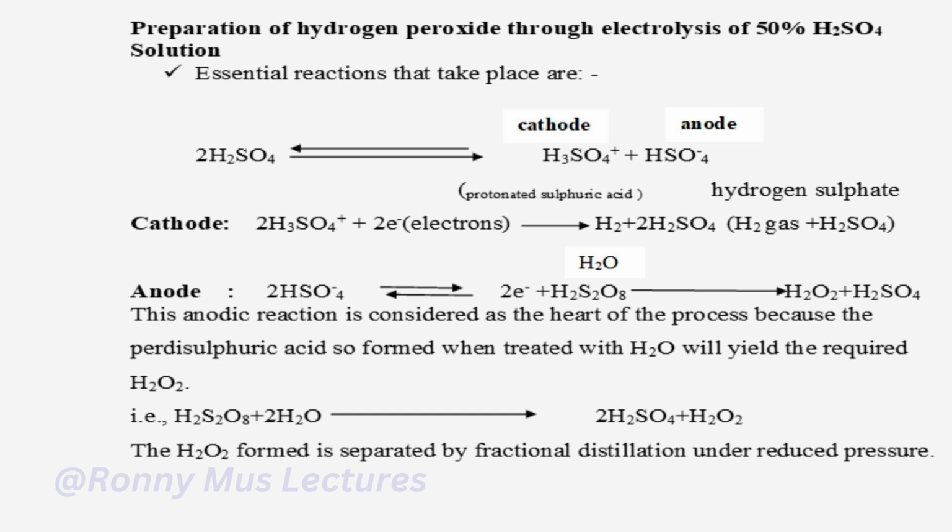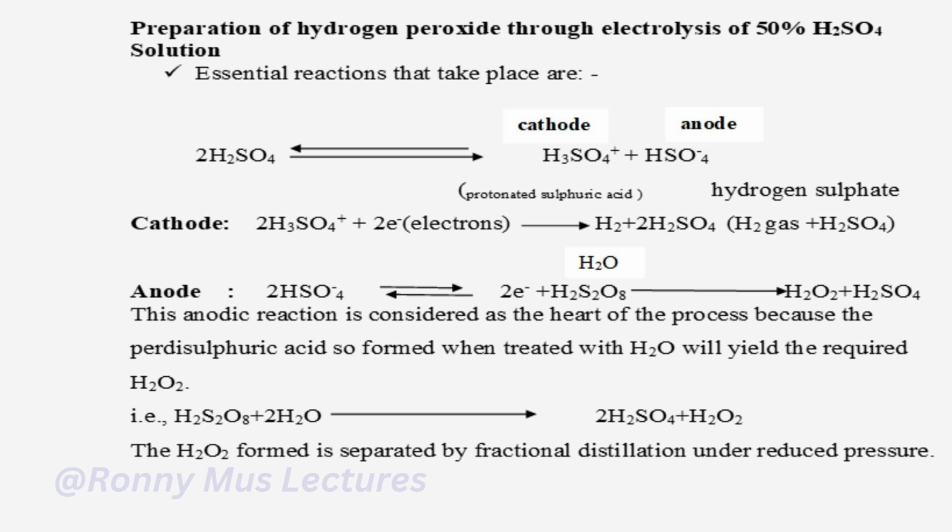Then the protonated sulfuric acid moves to the cathode, and then at the anode you have the hydrogen sulfate. So the anodic reaction gives you the per-disulfuric acid. The per-disulfuric acid formed reacts with water to give you sulfuric acid and hydrogen peroxide.